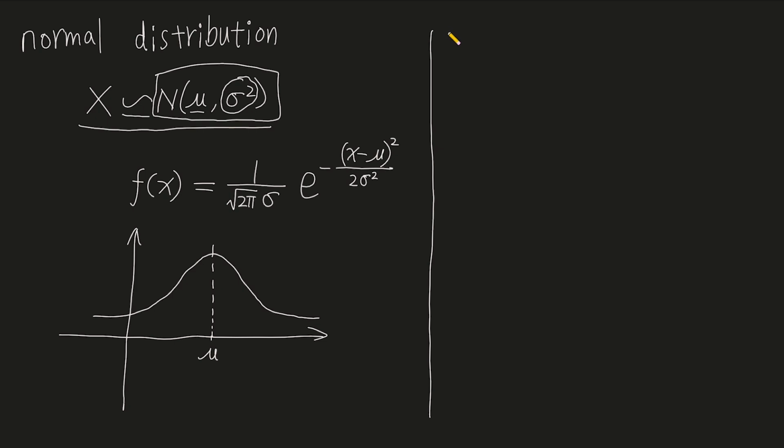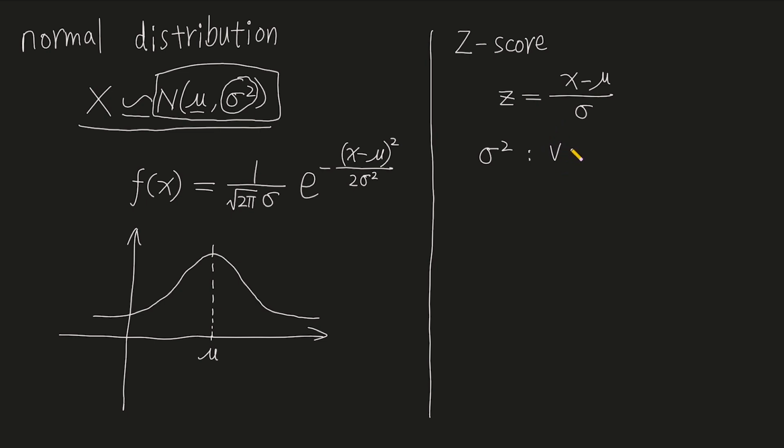And next, let's talk about the z-score. The z-score is a formula. It's like this. Z equals x minus mu over sigma. Here, sigma squared is the variance of the continuous random variable that follows the normal distribution.